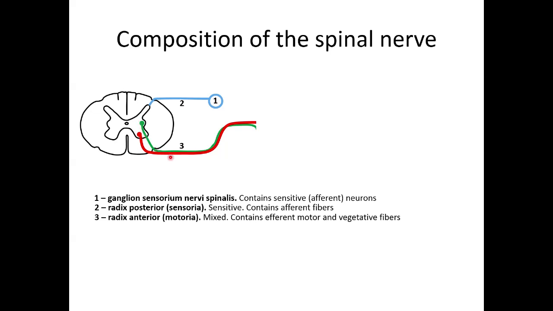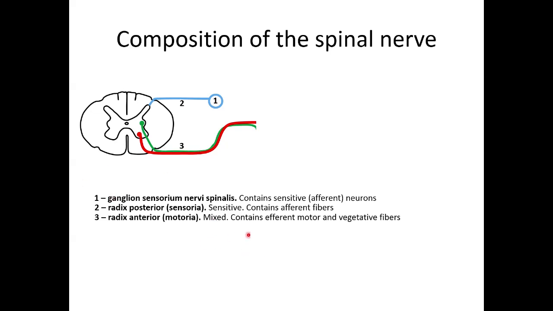So this number 3, radix anterior, contains not only red fibers, motor fibers, but also green. It means preganglionic vegetative fibers.